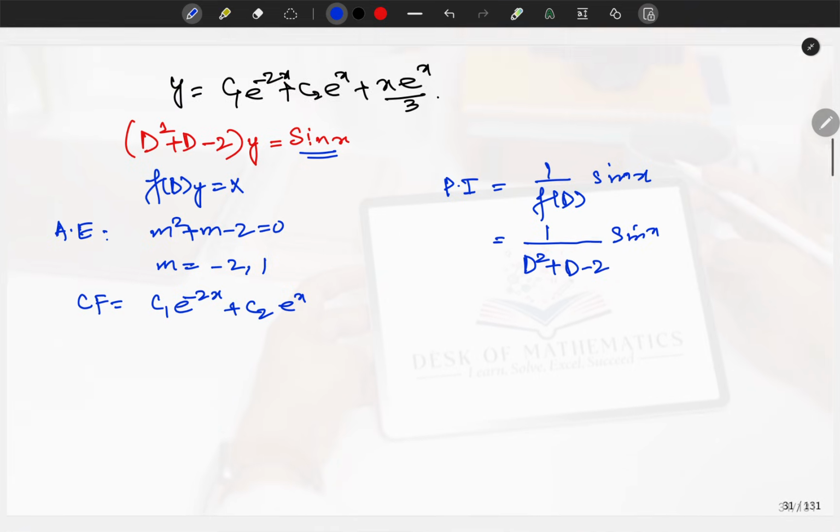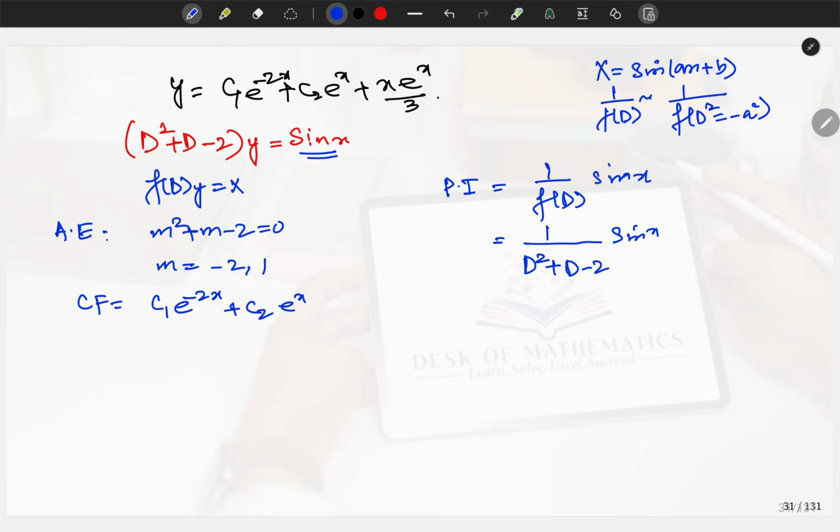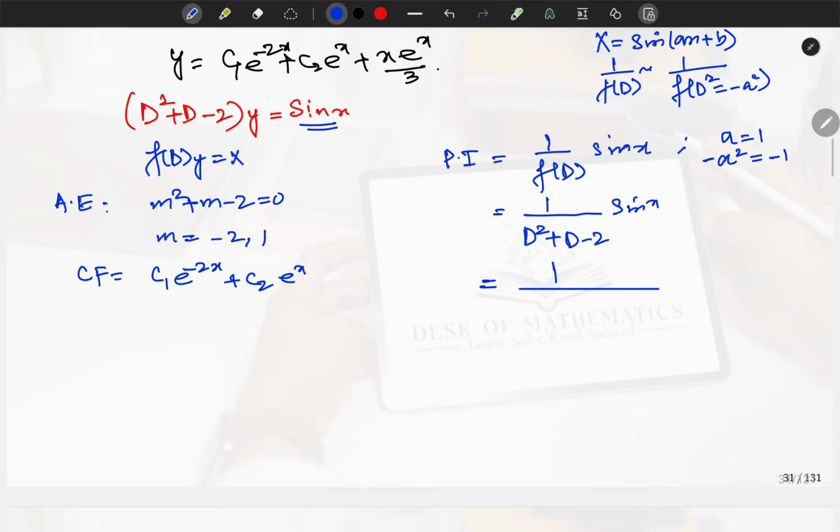And as I told, if you have sine of ax plus b as your RHS, then in 1 by f of D you have to make D squared equal to minus a squared. So what is your a here? In this case a is equal to 1, so your minus a squared will be minus 1. So you have to put the D squared value as minus 1.